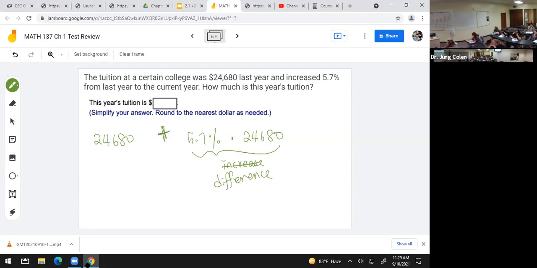5.7% times 24,680. 5.7%, let's change that to a number. How do we do that? To the left by 2 digits, because we are dividing this by 100. Divided by 10, we make it 1 place value, but divided by 100, 2 place values, right?